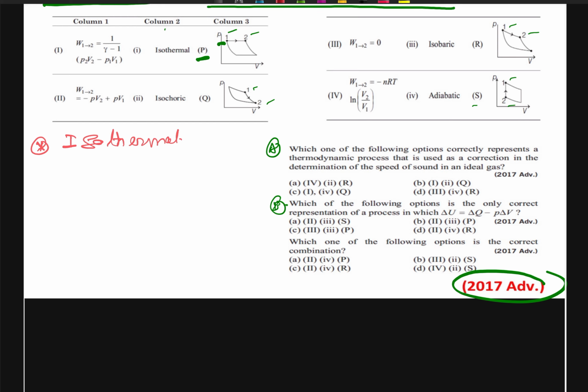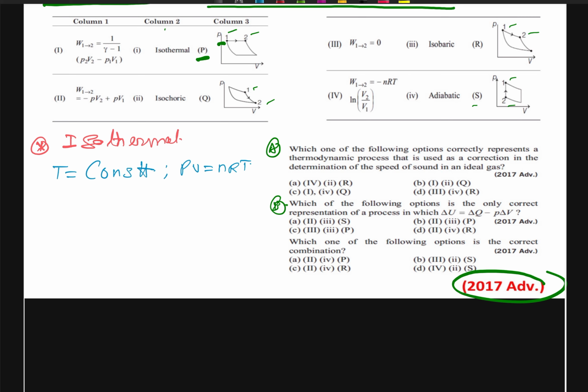Okay, and for isothermal, we know that our temperature is constant, and the standard equation for our ideal gas is PV is equal to nRT.